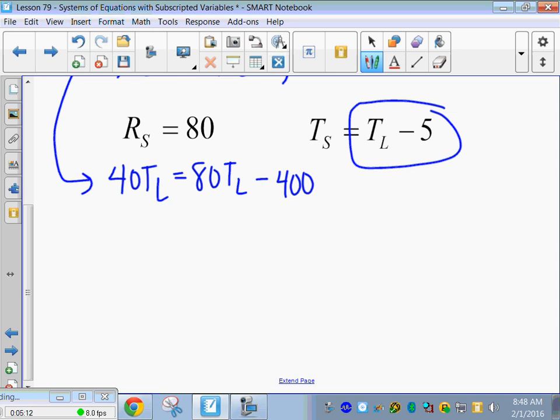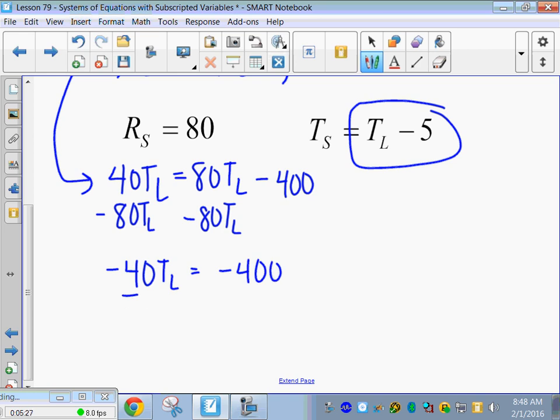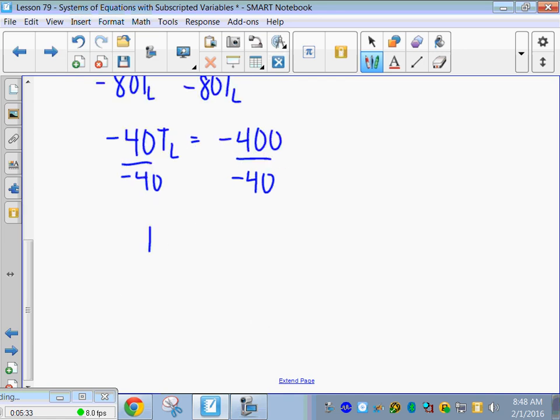Get all my TLs on one side, so minus 80 TL from both sides gives me negative 40 TL equals negative 400. And we're going to divide both sides by negative 40. And final answer would be what? Yeah, let's do 10. Good.